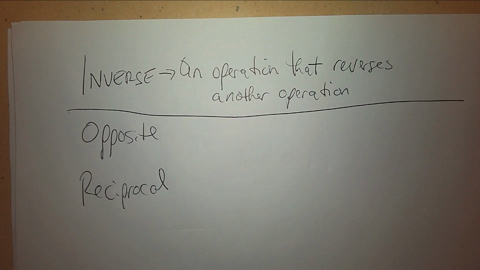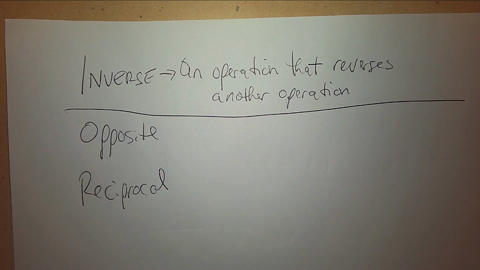If inverse is an operation, like if you add 2, the inverse is subtract 2. If I multiply times 3, divide by 3. If I square 5, square root, right? And there's actually many examples of what an inverse is. Inverse does not mean opposite.